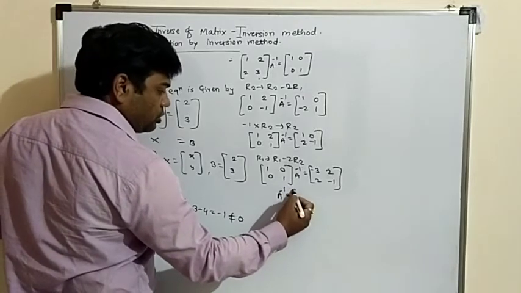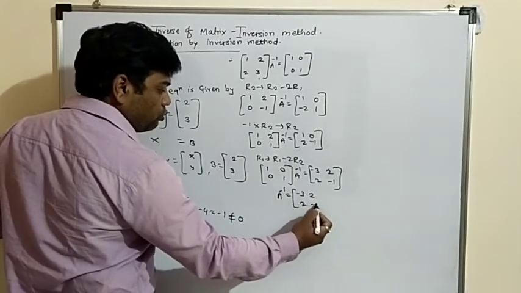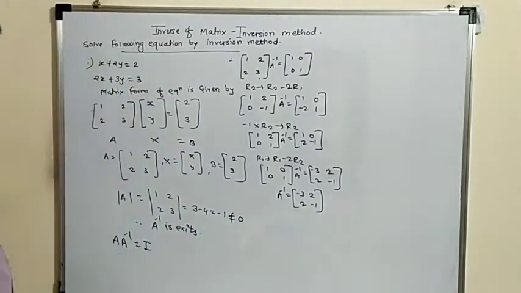So A inverse is equal to minus 3, 2, 2, minus 1. This is A inverse.